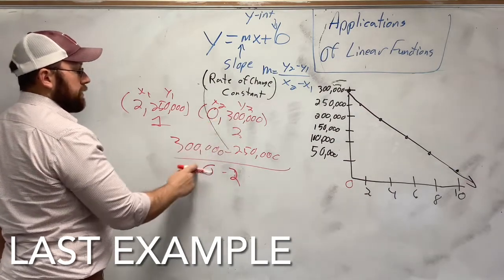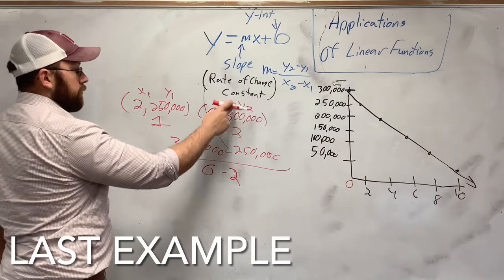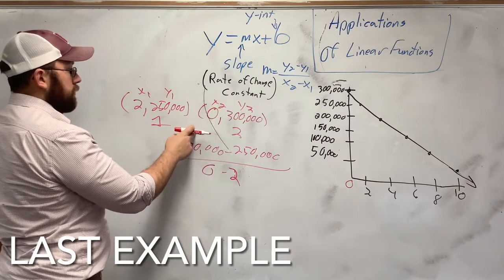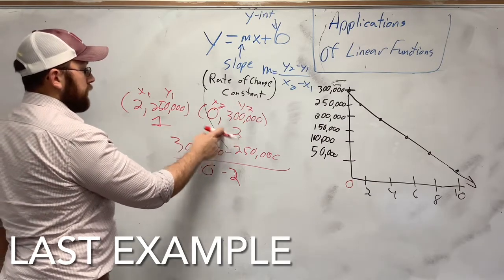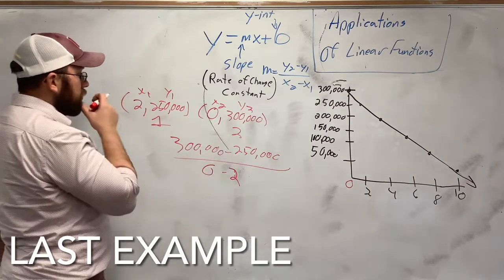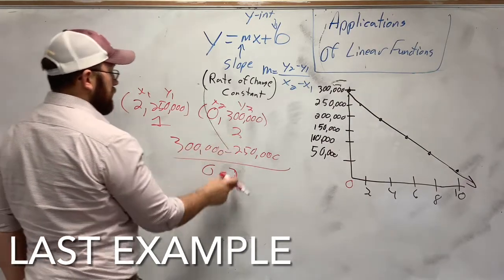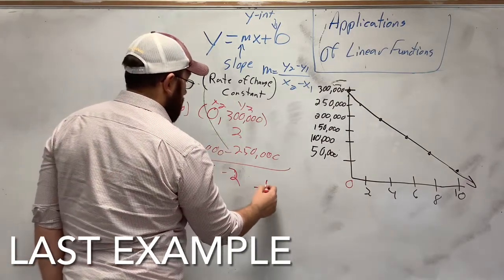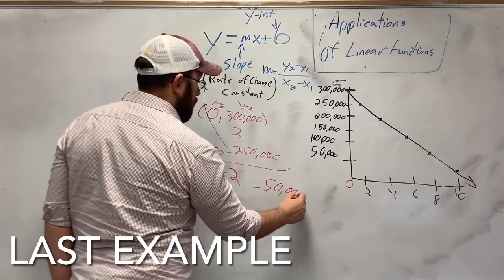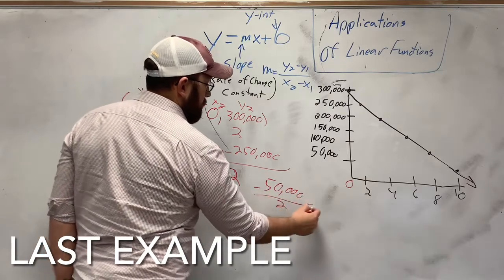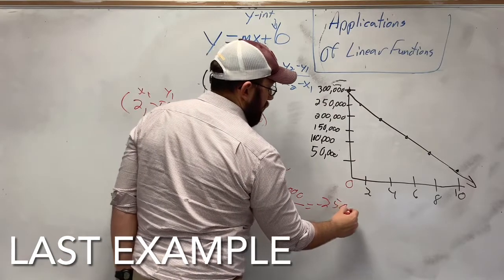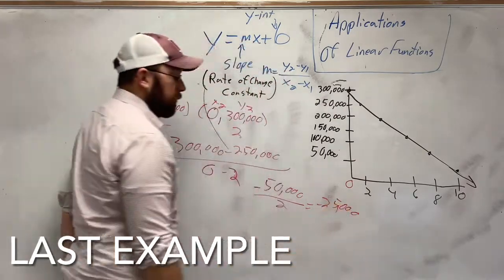So 300,000 minus 250,000, 0 minus 2. Yep, that's 1 point. That's the other point. So I get negative 50,000 over 2, which gives me negative 25,000. So that's my slope.